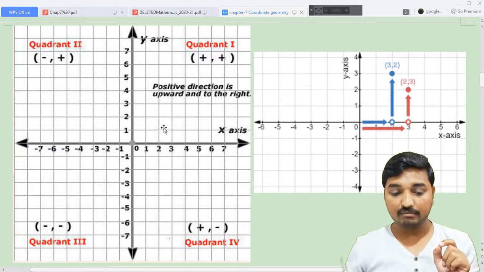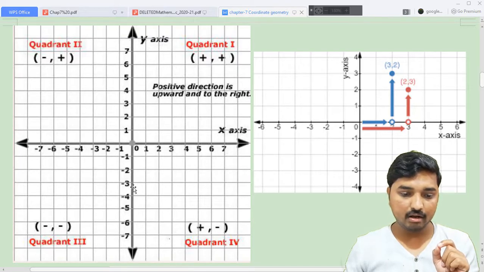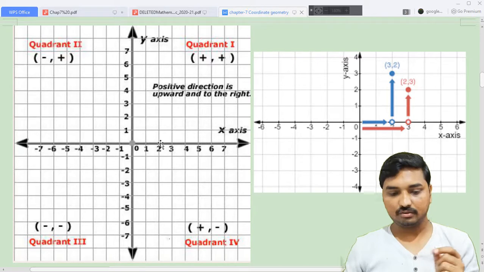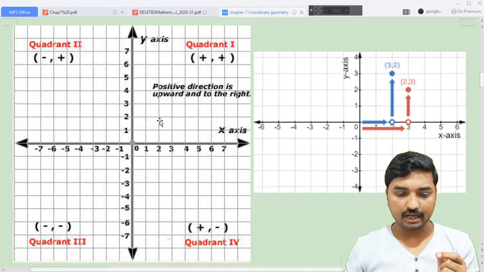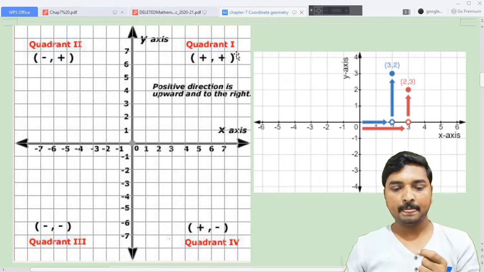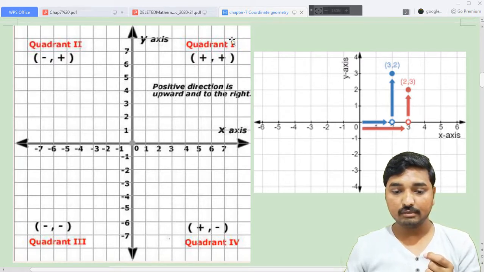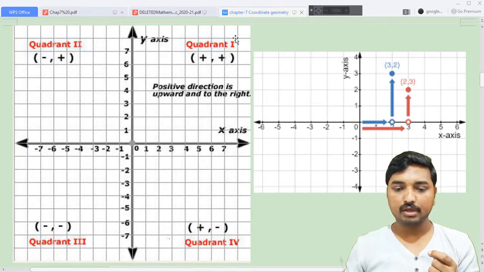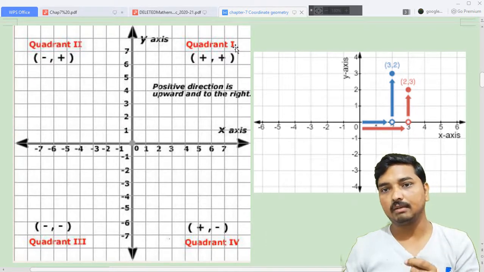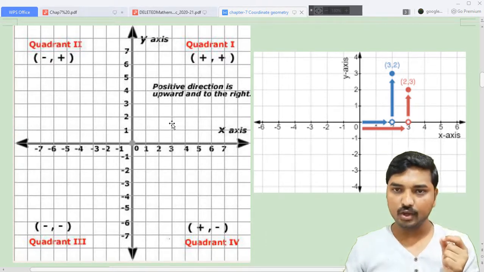It is mentioned anti-clockwise direction, so from this point, if you move in the anti-clockwise direction, then you number the quadrants. If you move in this direction, the first quadrant is this one. This is called the first quadrant, and remember, you have to number the quadrants by Roman numerals, don't use Hindu-Arabic numbers. Very important: always mention the quadrant by Roman numerals only.